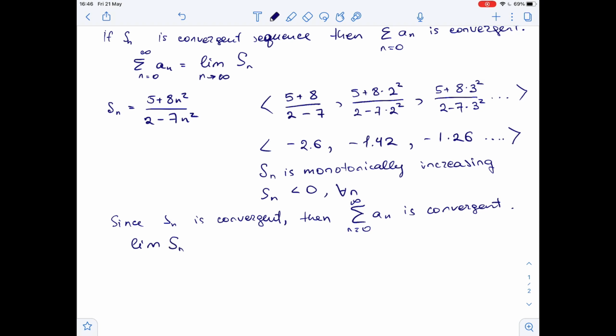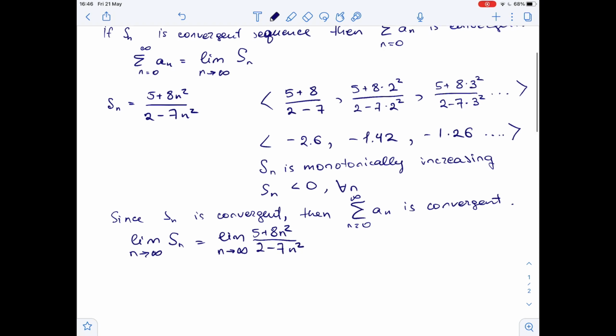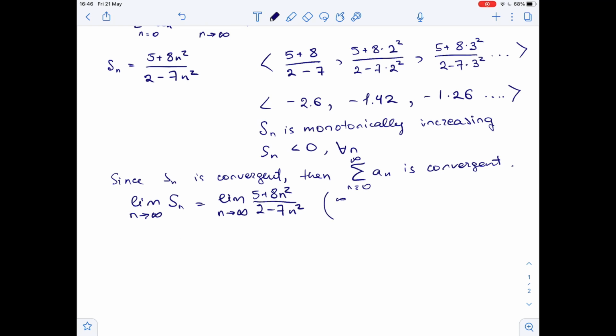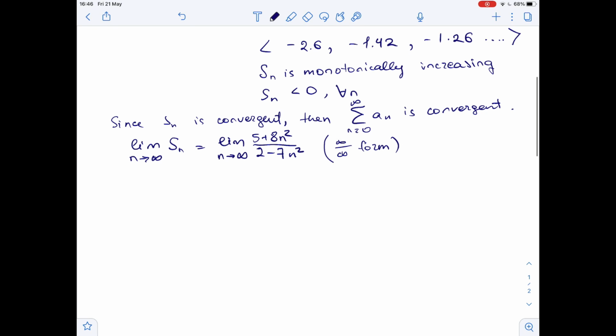So the limit of S of n where n approaches infinity is equal to the limit where n approaches infinity of (5 plus 8n squared) over (2 minus 7n squared). We see that this is an infinity over infinity form, because 5 plus 8n squared approaches infinity, as well as 2 minus 7n squared approaches negative infinity. So we will apply L'Hopital's rule here.